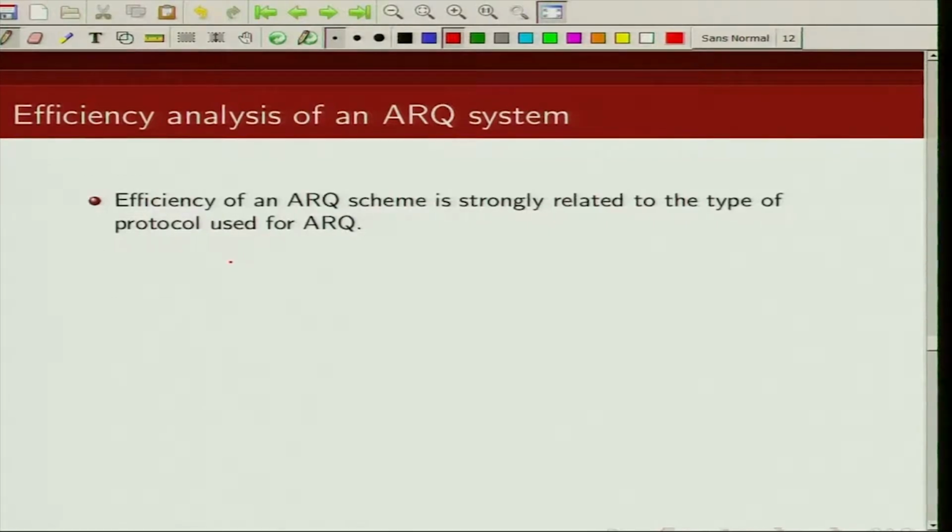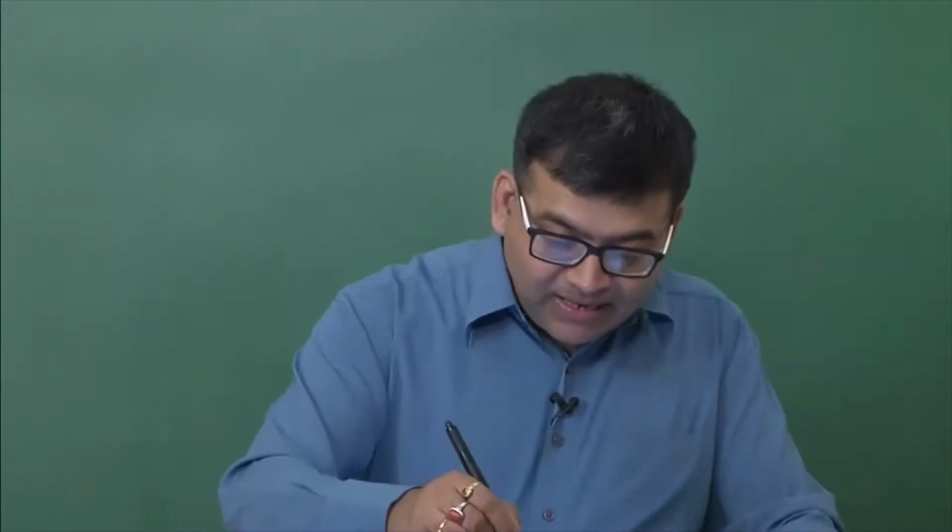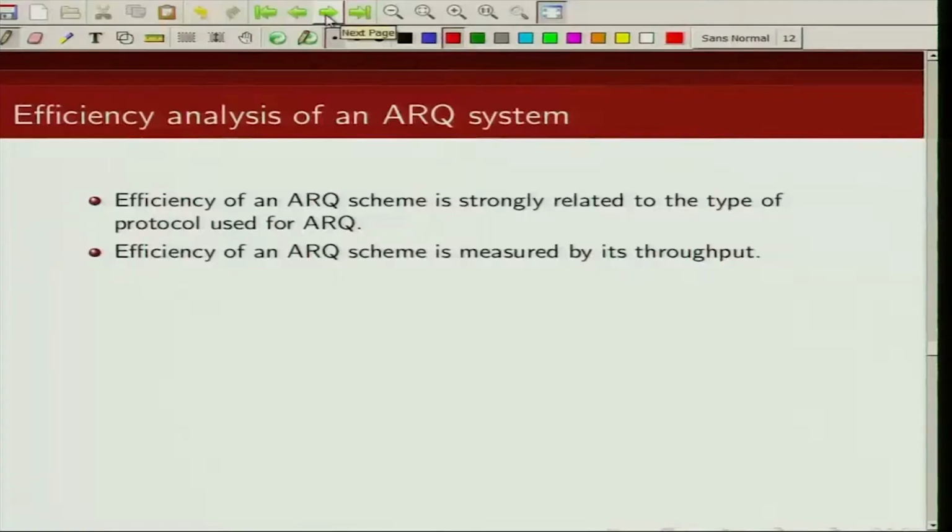As you can see, in stop and wait, for a very long time we are just waiting, not transmitting anything, so the efficiency is very low. On the other extreme, selective repeat has the best efficiency because we are only retransmitting those packets which are received incorrectly. So we are quantifying the efficiency of an ARQ scheme using its throughput.